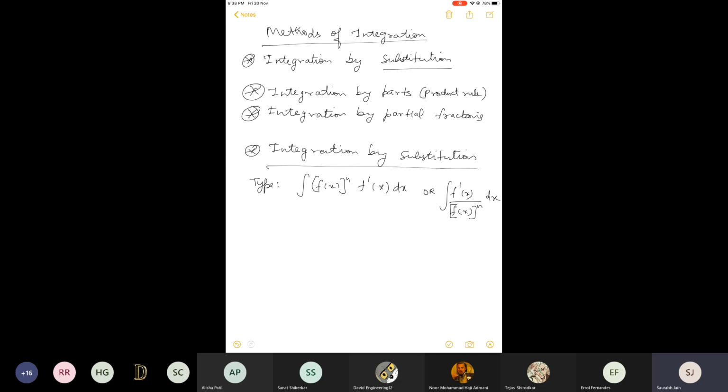What I am saying, we are covering integration by substitution, and I'm taking this general type where you have this function f(x). It may have some power, and with this you have its derivative also present in the same question. In both of these, how will you proceed?